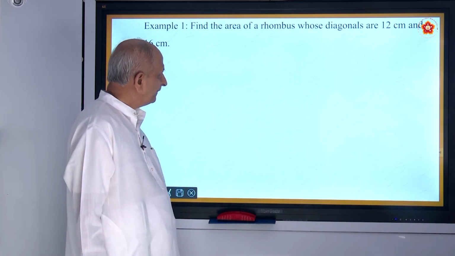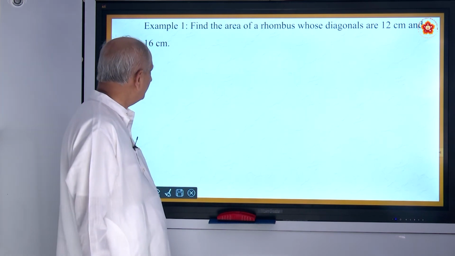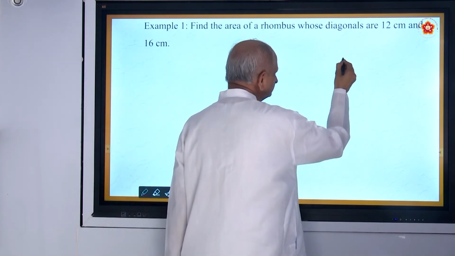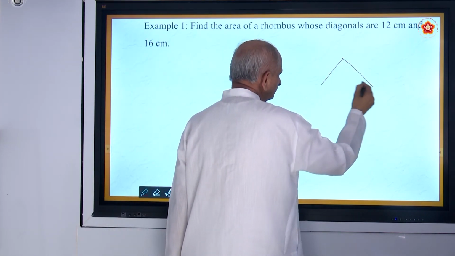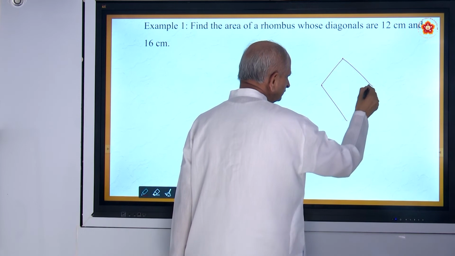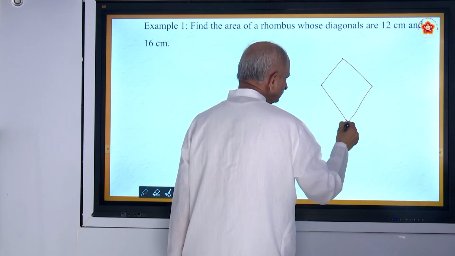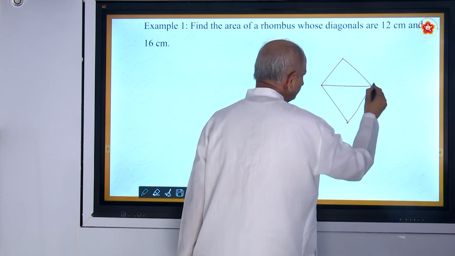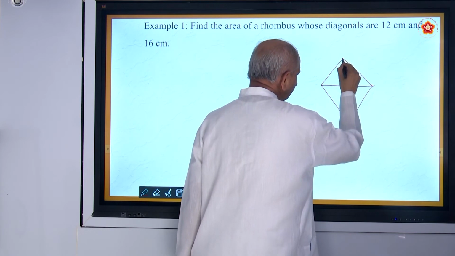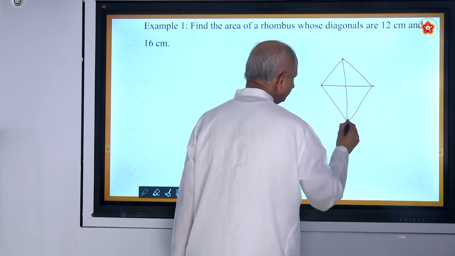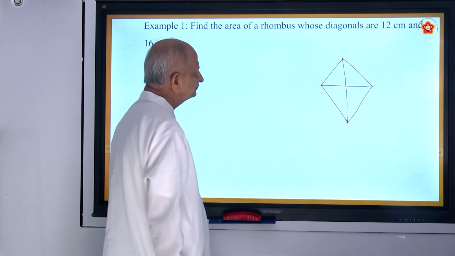Find the area of a rhombus whose diagonals are 12 and 16. You must know the length of the diagonals.